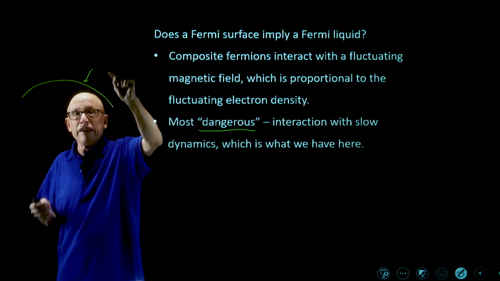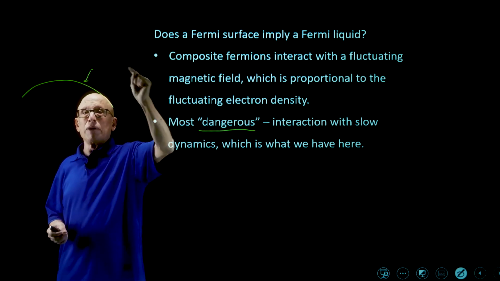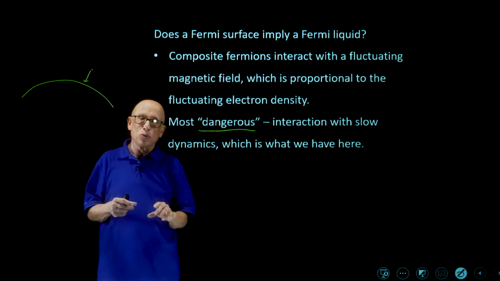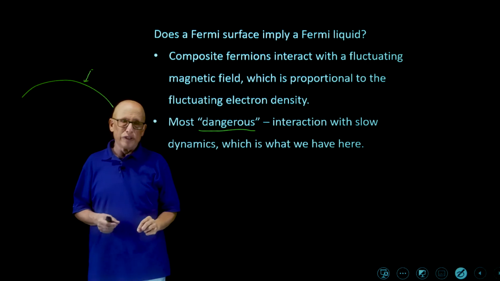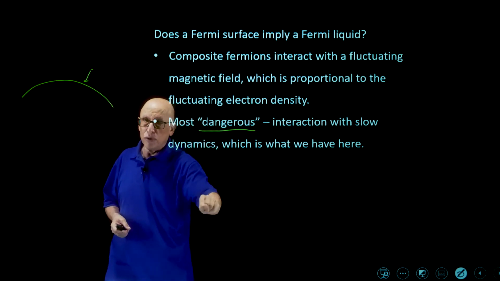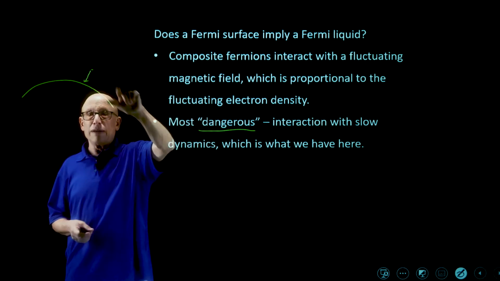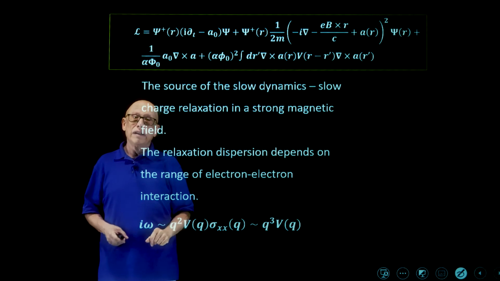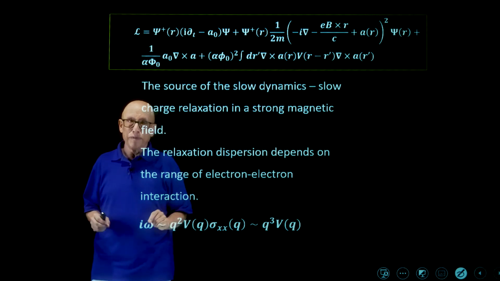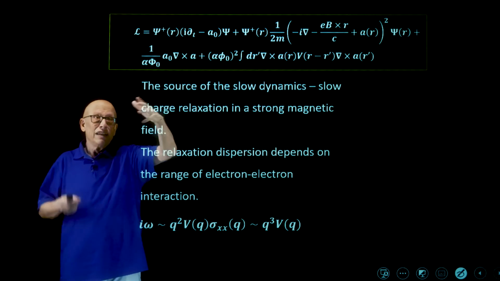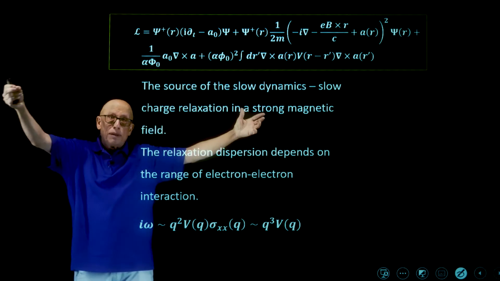And we believe by the Landau argument that Fermi liquid theory would hold if the relaxation rate vanishes quickly enough as we get close to the Fermi surface. When the dynamics is slow, this assumption becomes questionable. And here it is very slow. So before telling you why it's very slow, let's formulate the problem.